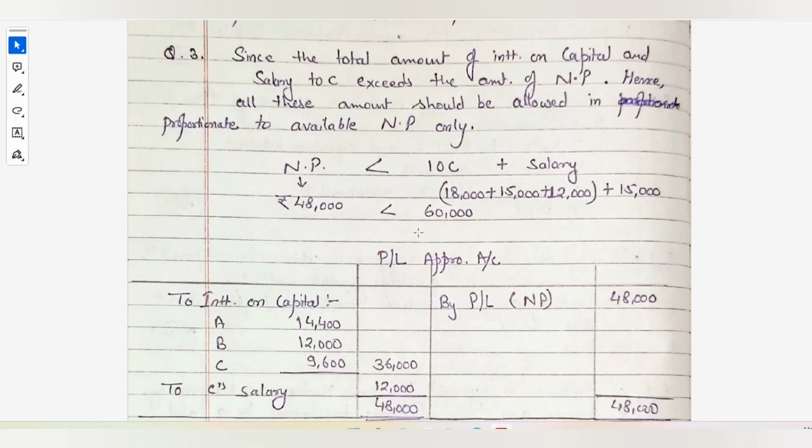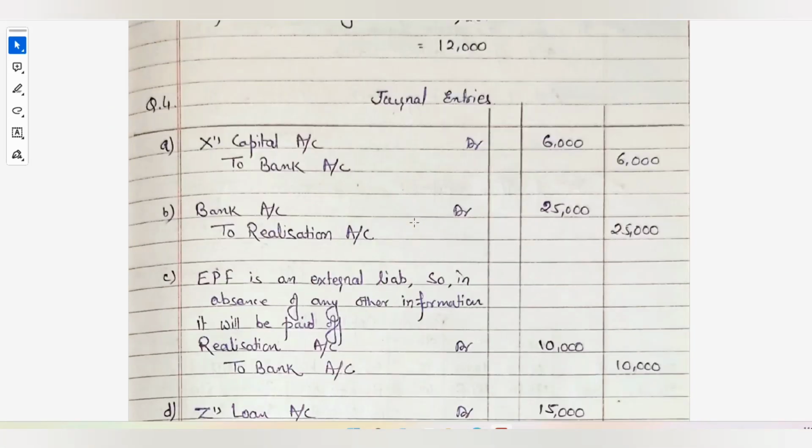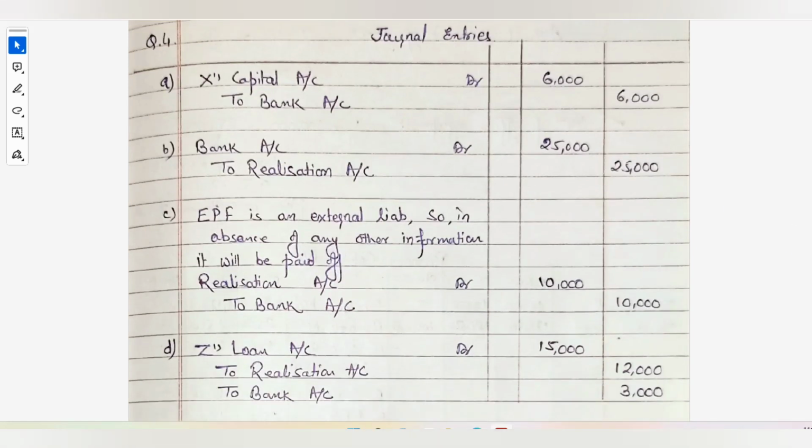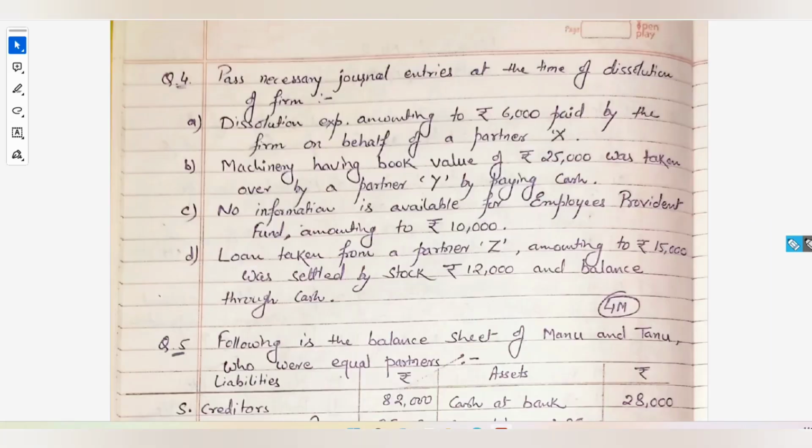So the entry will be, since the firm had paid, that means the outflow of cash has taken place. That means bank account will be credited. But it has been paid by the firm on behalf of the partner X. That means at last partner X's account will be deducted by the same amount. That is why X's account will be debited. So the entry will be X's account debit to bank account by rupees 6,000 as it is given in the question. Now let's move to the second transaction.